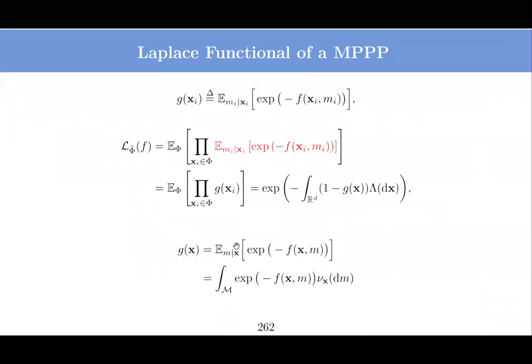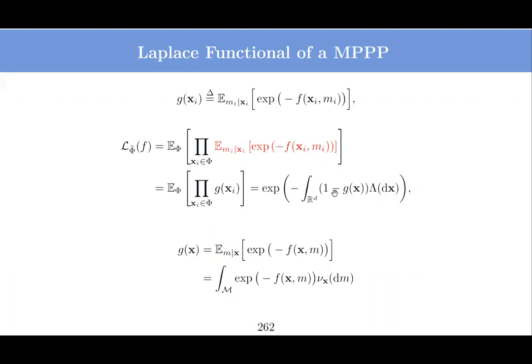Let's note that when I compute the expectation with respect to m_i, this will just be a function of x_i. If I write this as g(x_i), this will be the expectation over phi of the product over g(x_i), which is a PGFL form. So it will be just exponential of minus the integral of 1 minus g(x) times lambda dx, noting that phi is a Poisson point process with this intensity measure.